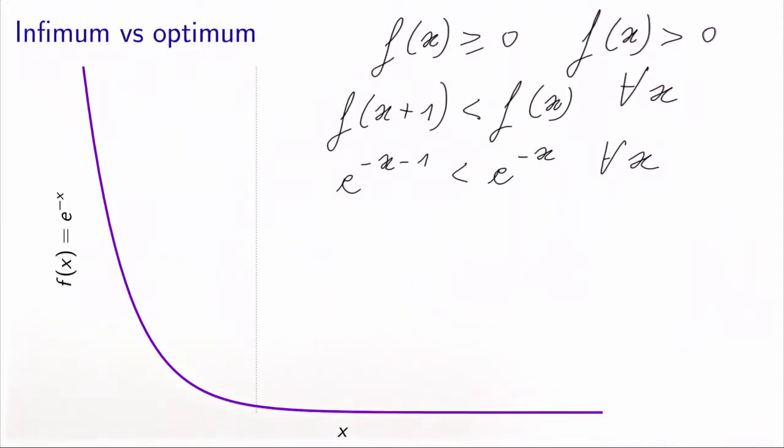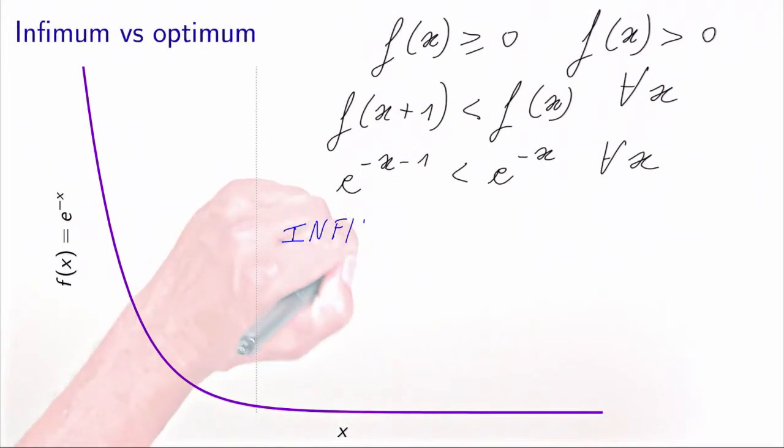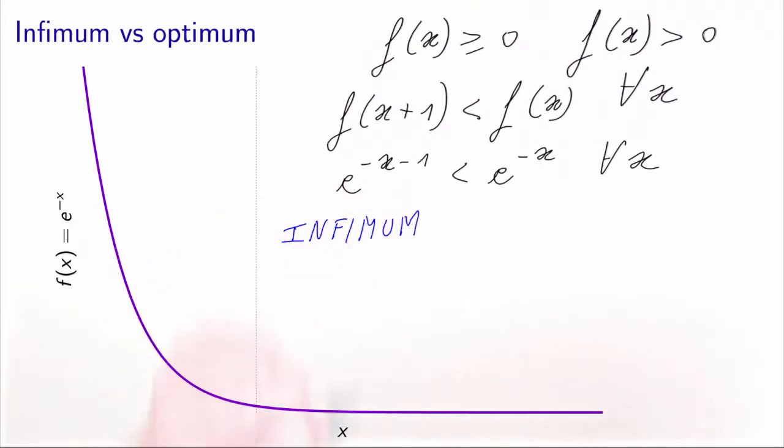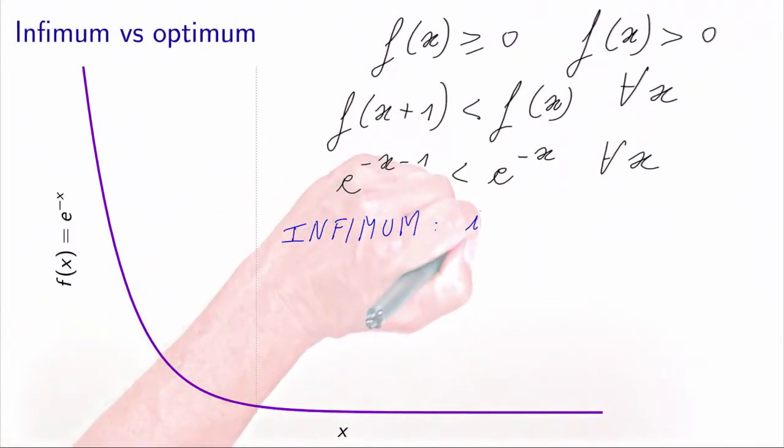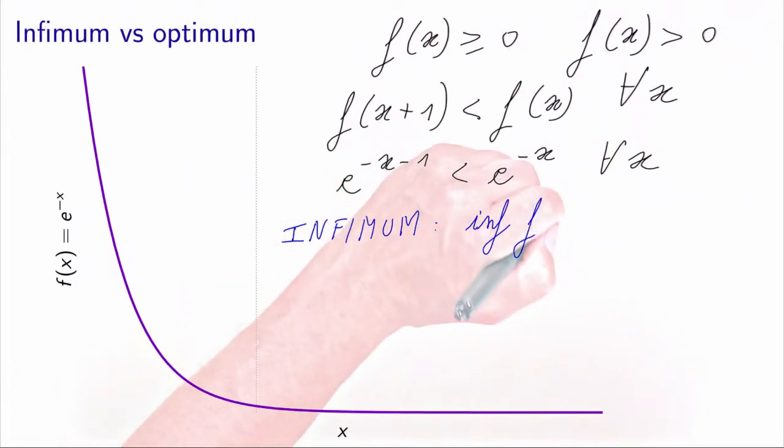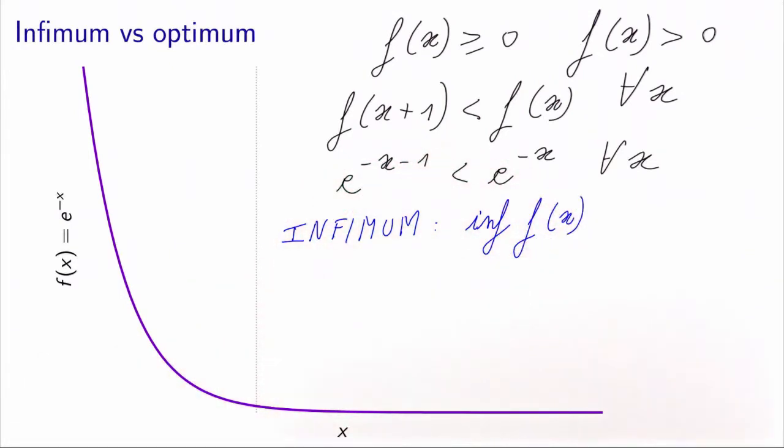Here we will have to distinguish between two different concepts. The concept of infimum, and I will call it the infimum of f of x. This is defined as the largest lower bound. In the case of this example, the largest lower bound is actually 0.